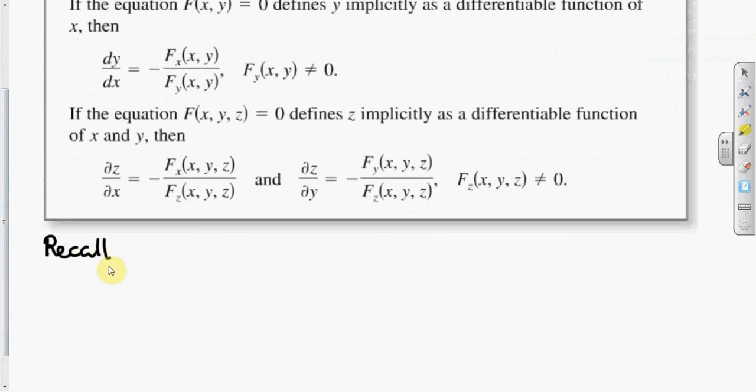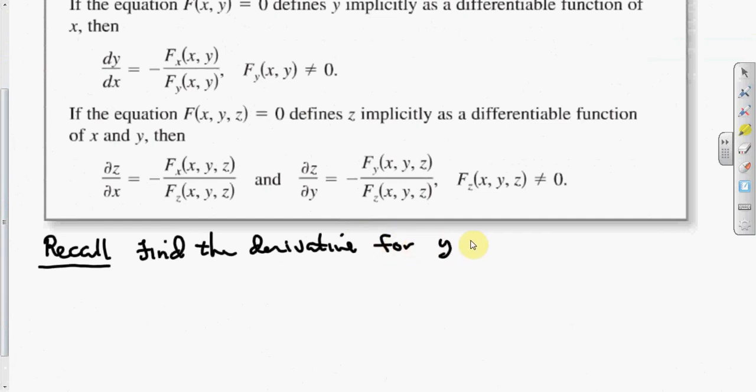So recall, find the derivative for, let's say y equals the square root of 4 minus x squared.